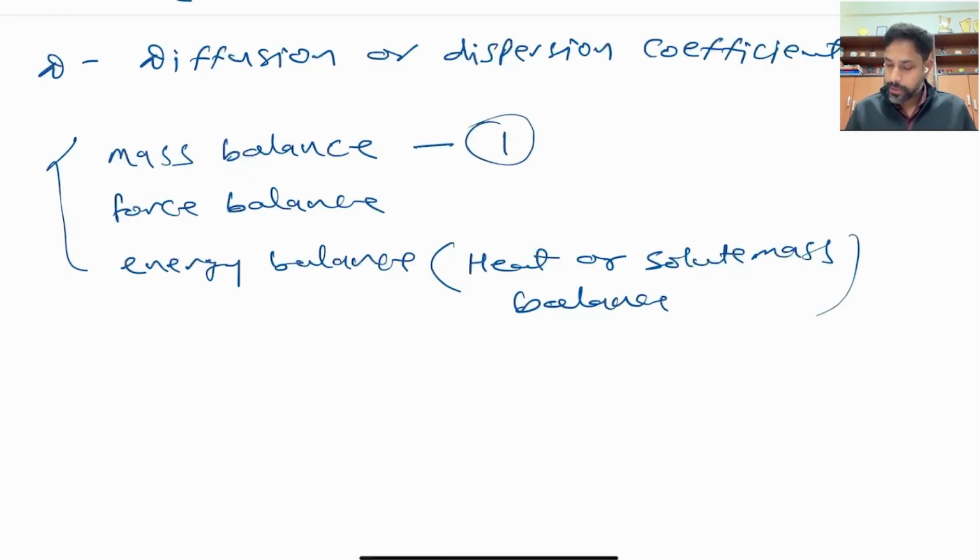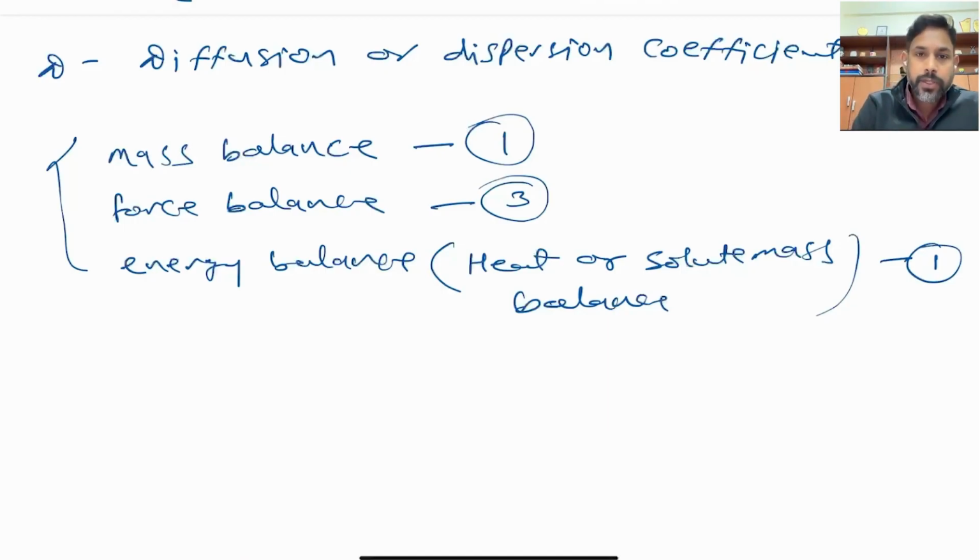So we have one equation for mass balance, three equations for force balance or momentum conservation, and one equation for energy balance. And in case of energy balance, either we use one equation for heat balance or one equation for solute mass balance. Okay, so these are different equations we have when we are trying to solve a complete fluid dynamics problem, or in case of environmental fluid mechanics, where we can also use this solute mass balance in addition to the heat balance.